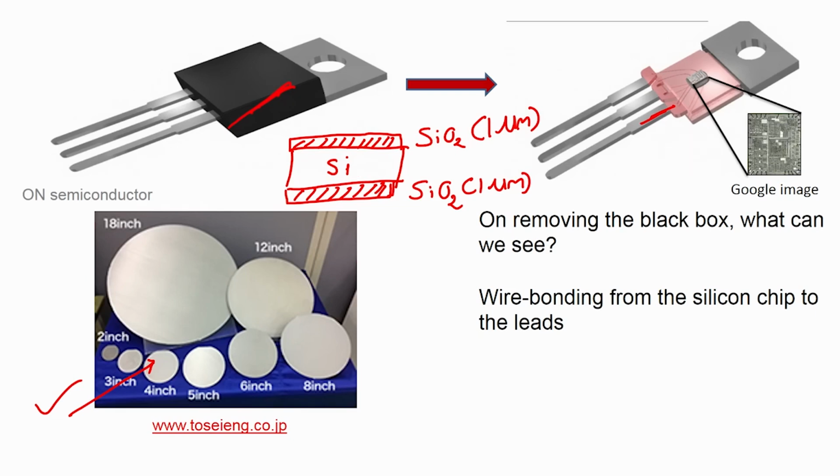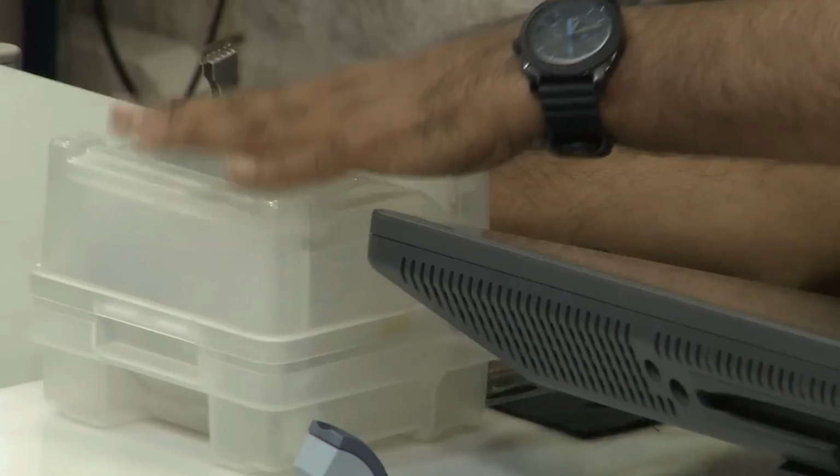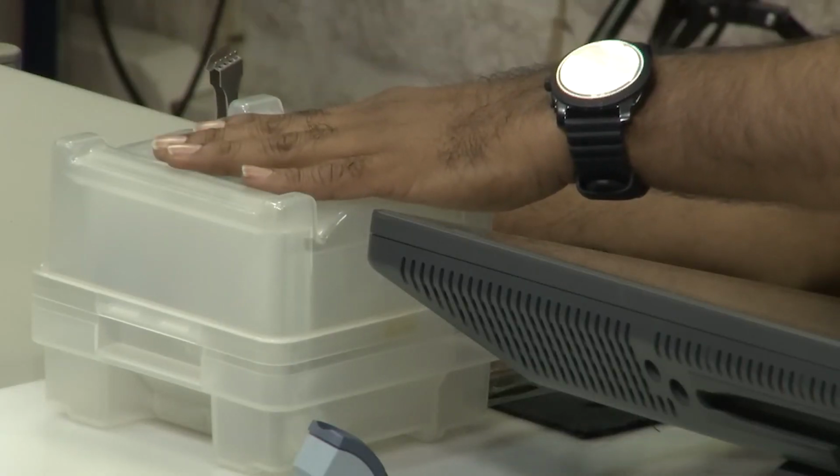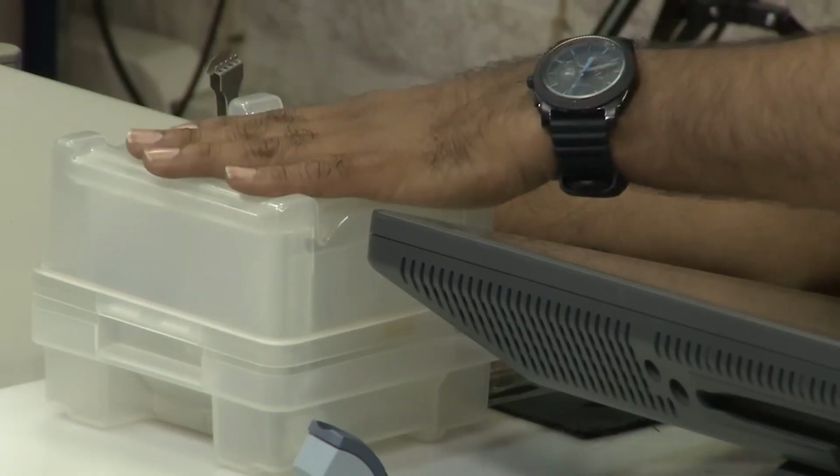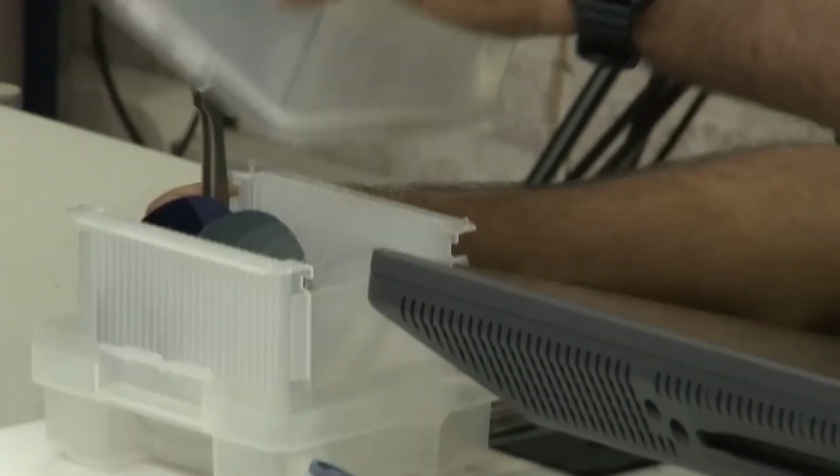So, if I have 1 micron silicon dioxide grown on this silicon wafer, how will my wafer look like? Let us see. Now, on my desk, I have this wafer box, wafer holder, in which I have this oxidized silicon, and I am going to show it to you.